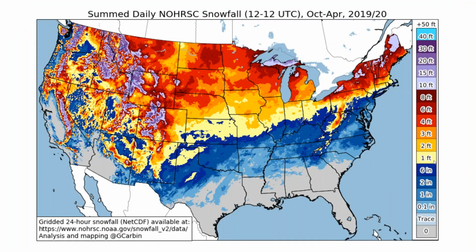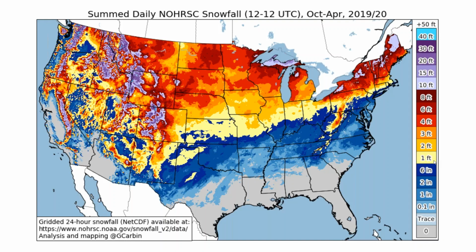So this was the October through April timeframe, 2019 through 2020, using the NOHRSC snowfall analysis, the 12Z to 12Z 24-hour totals, and basically just summing them for that period of time, I don't know how many days are in there, 150 or so days.